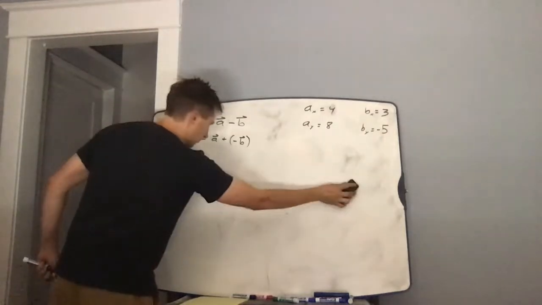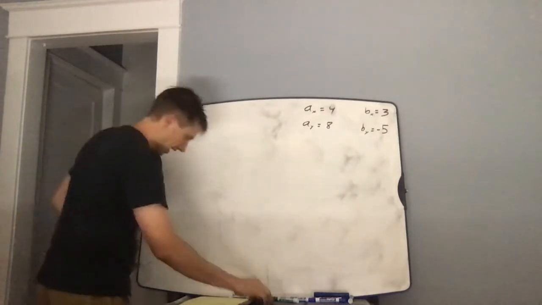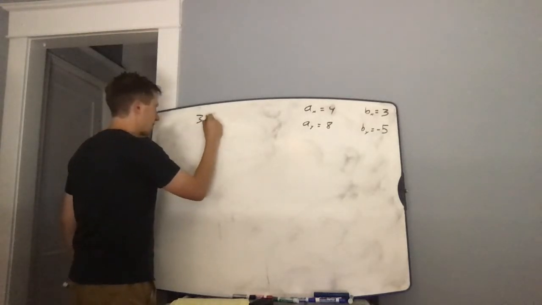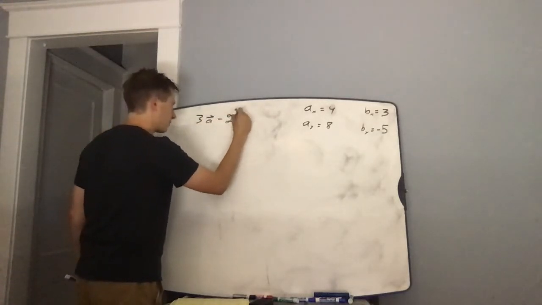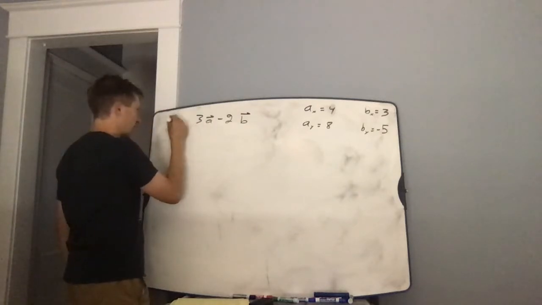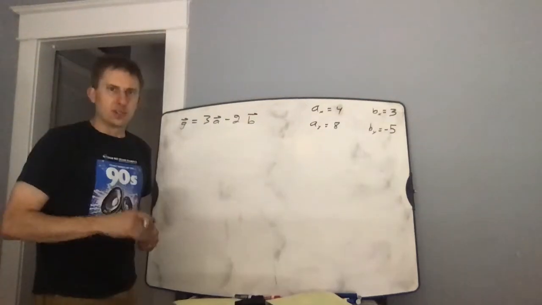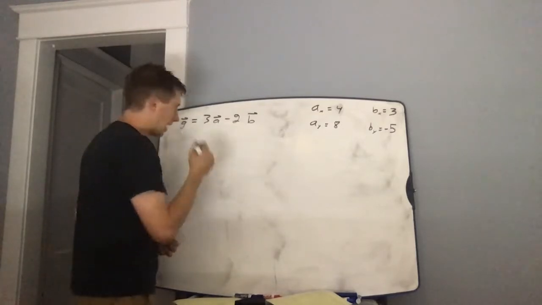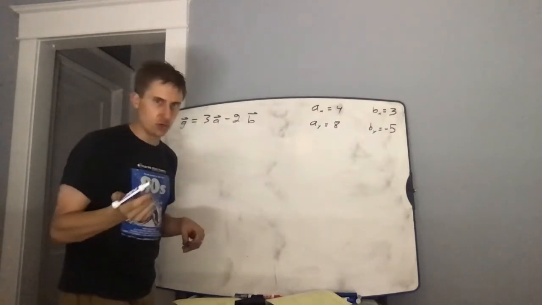For the last example problem of this exercise, we are asked about the vector 3a minus 2b. And I'll call this vector g. So I have my vector g as 3a minus 2b, and I'm going to look at these terms individually.